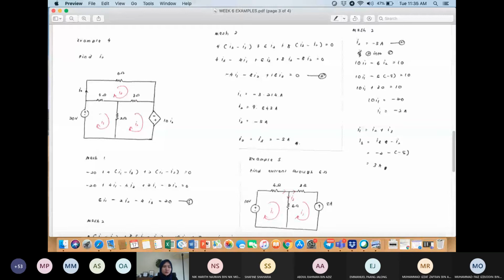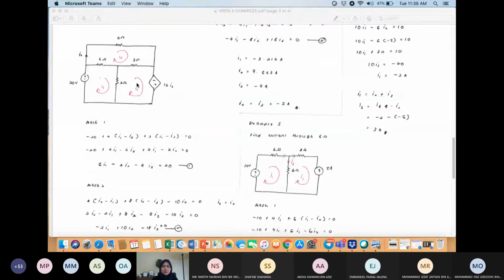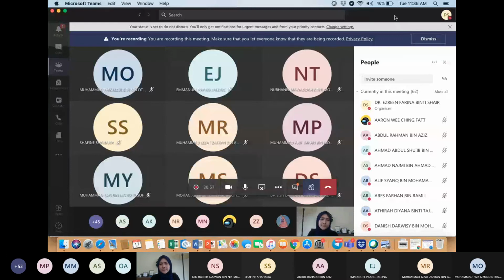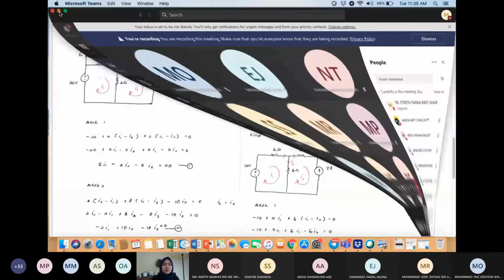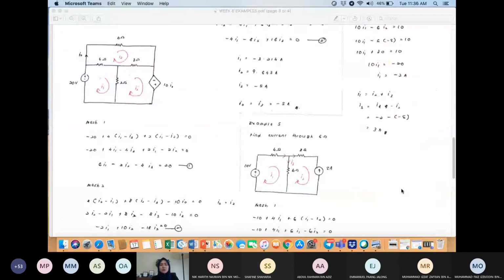The second equation, based on the second loop: we have 2 multiplied with (I2 minus I1) plus 8 multiplied with (I2 minus I3), and we have a dependent voltage source over here.